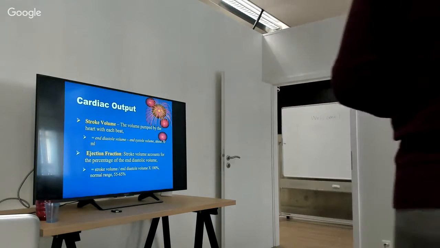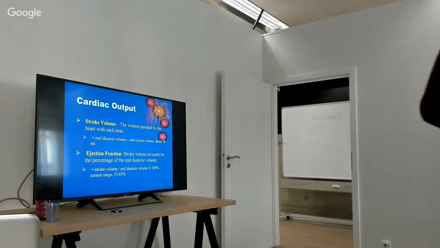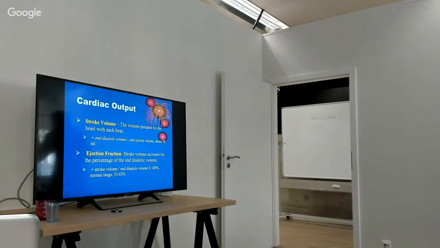Ejection fraction, we can calculate it because if I drink, this is the diastolic volume. 70 milliliters in my stomach, and this is the systolic residual volume.